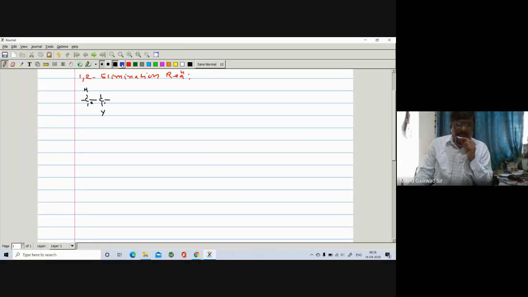The carbon which is directly attached to the functional group is called the alpha carbon, and the carbon which is directly attached to the alpha carbon is called a beta carbon, whereas the hydrogen which is directly attached to the beta carbon is called a beta hydrogen, right? So this is your substrate.